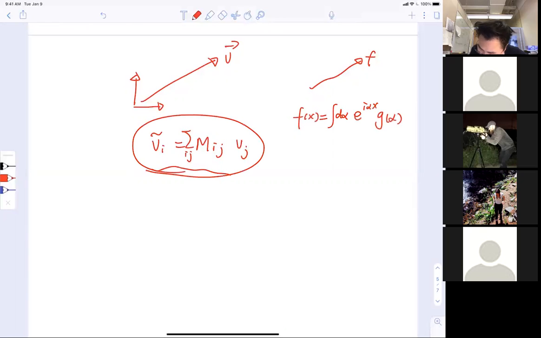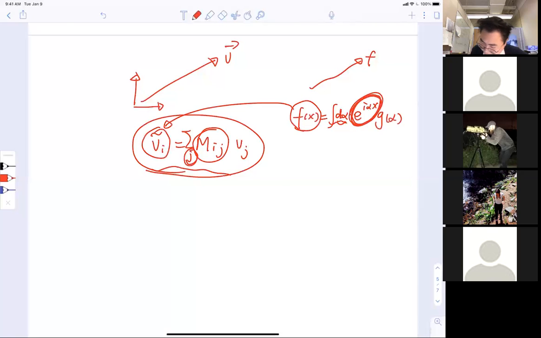So you can imagine this integral over alpha is equivalent to this sum over j, and this function here you can think of as a rotational matrix, and this fx is the vector, an analogy of a vector in some basis. This g alpha is the same vector in some different basis. Yeah, this is the analogy I want to point out.